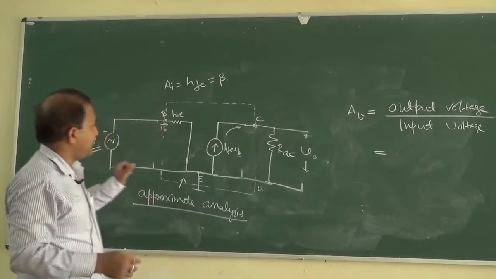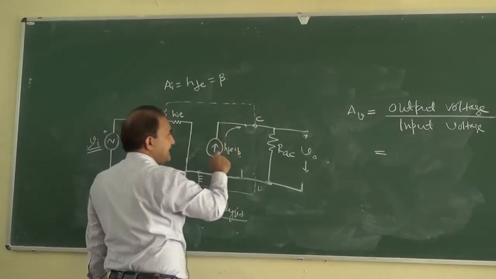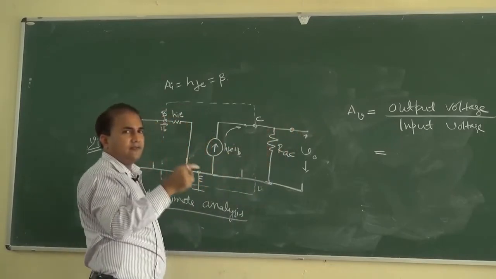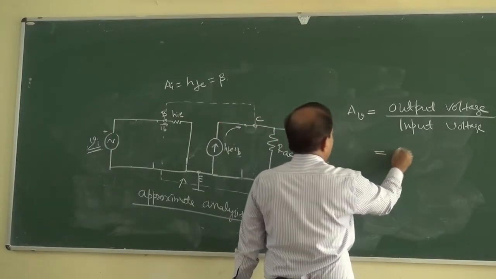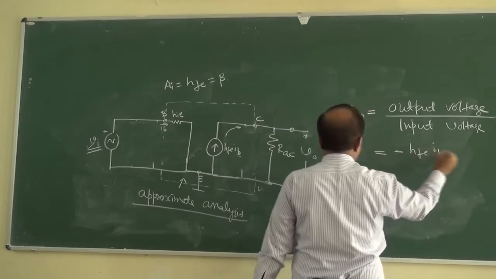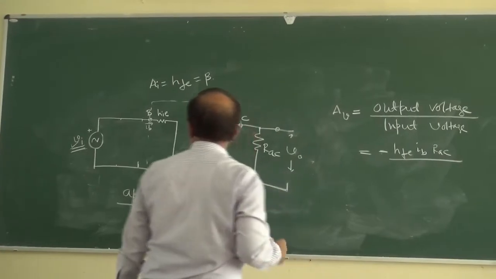And here we see that this current IC makes the collector terminal negative with respect to ground. So we can write it like this: minus HFE IB into RAC divided by the input voltage.